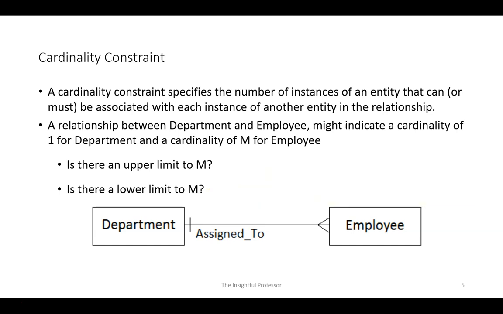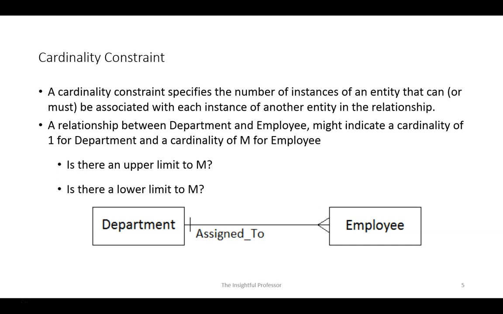So given a relationship between employees and departments that we refer to here as assigned to, we've described this as a one-to-many. An employee is assigned to one department and a department has many employees assigned. However, suppose there's a business rule that imposes a restriction on the number of employees that could be assigned to a department.